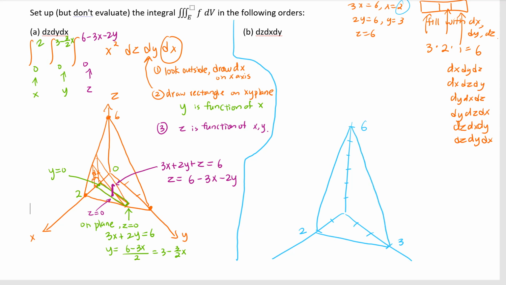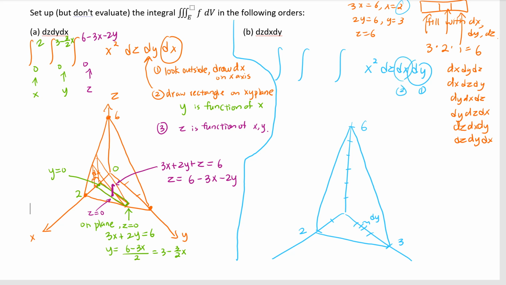Now we want to set up our integral with dz, dx, dy. What is the outside? Outside is dy, so we look at the y-axis. dy is right here. What's the second one?